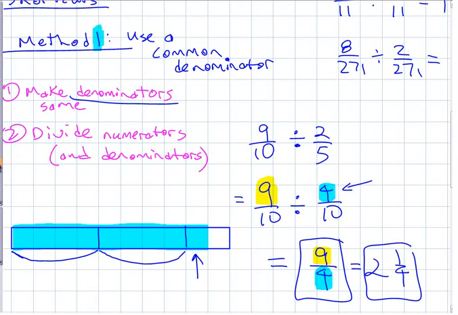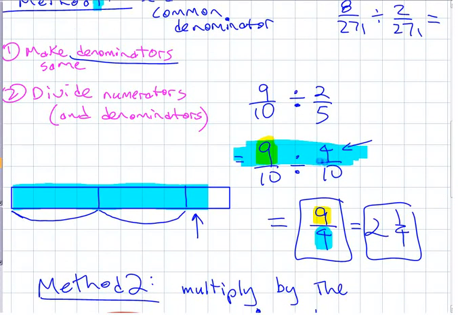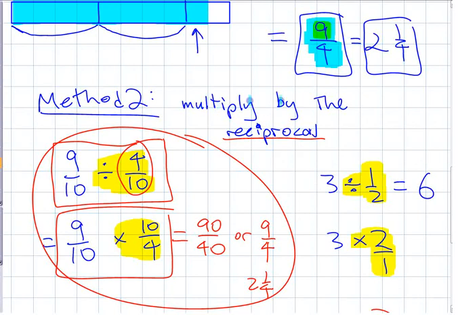If you can make something a common denominator, then you can just divide the top numbers. If you got 9/10 divided by 4/10, the answer is just 9/4. And then the third method is multiply by the reciprocal. Instead of dividing by 4/10, change it to multiplying by 10/4.